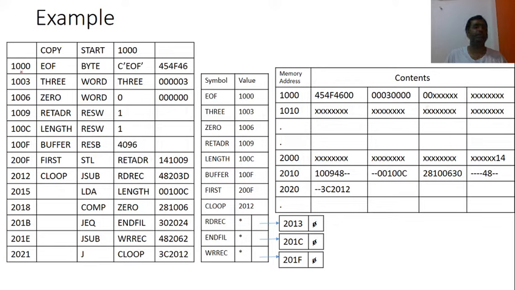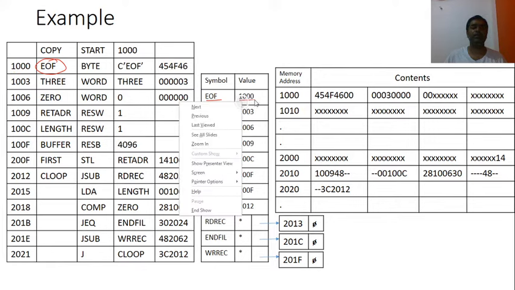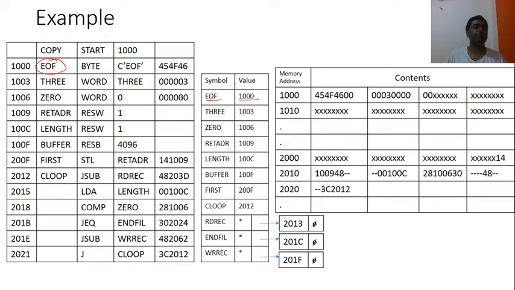Just read this first statement, what is it? EOF BYTE C'EOF'. There is a label in the label field, EOF. We have to enter this label in the symbol table, and what is the value corresponding to this label? 1000. Here it is inserted, 1000. Now what is the object code corresponding to this statement? 454F46. We will find out this object code at this moment only, when I am reading this statement.